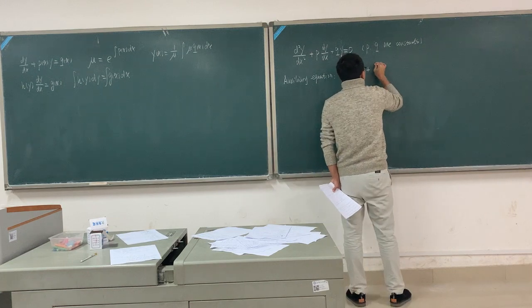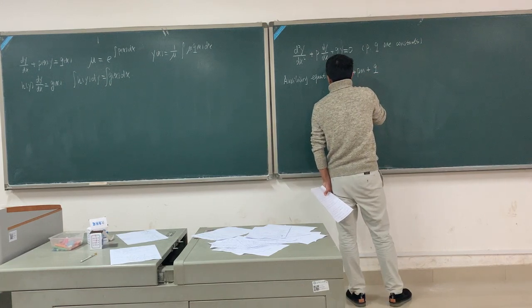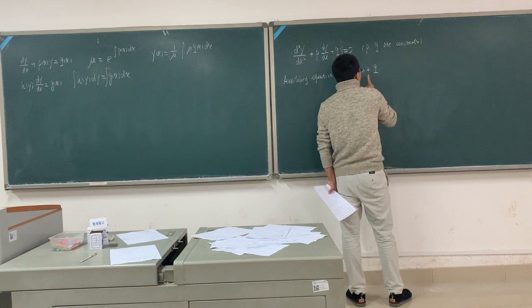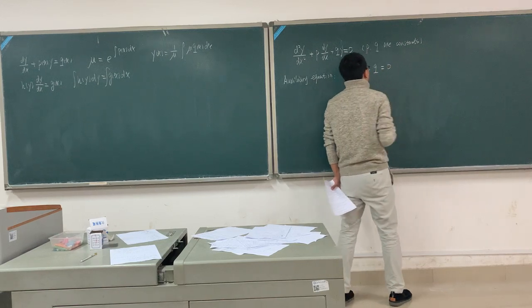So here the auxiliary equation actually is m squared plus pm plus q equal to 0.